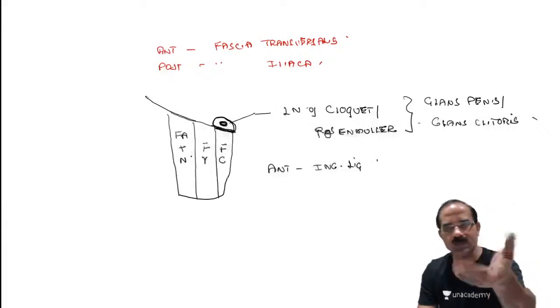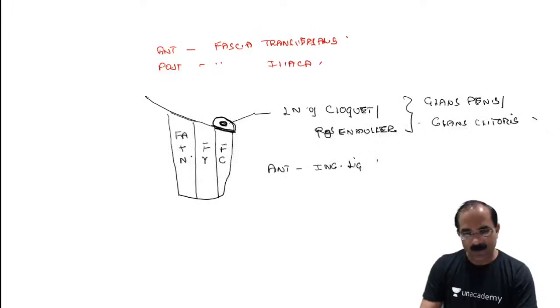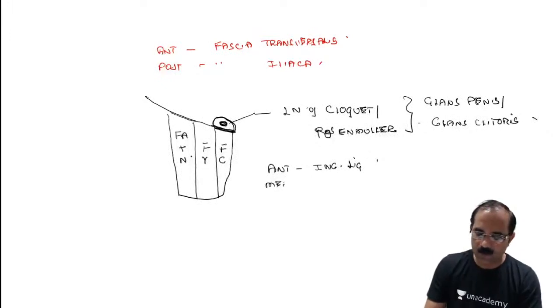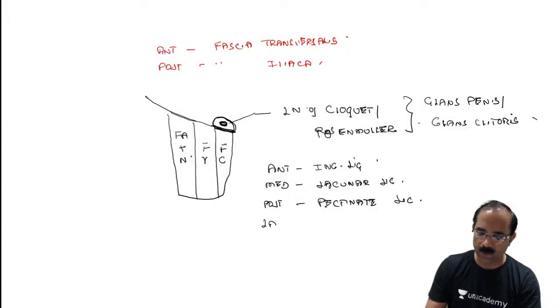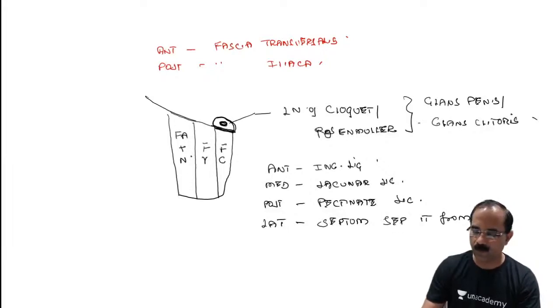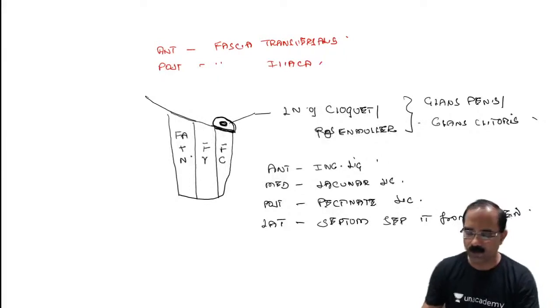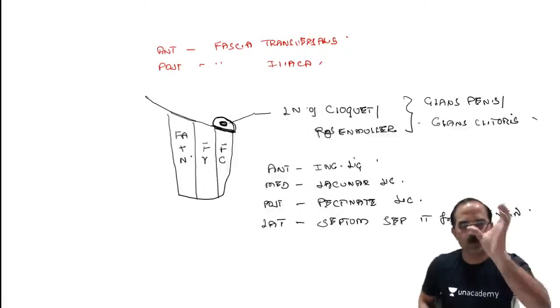Quickly, the boundaries: anteriorly is the inguinal ligament, medially is the lacunar ligament, posteriorly is the pectinate ligament, and laterally is the septum separating it from the femoral vein. So that becomes the femoral ring.